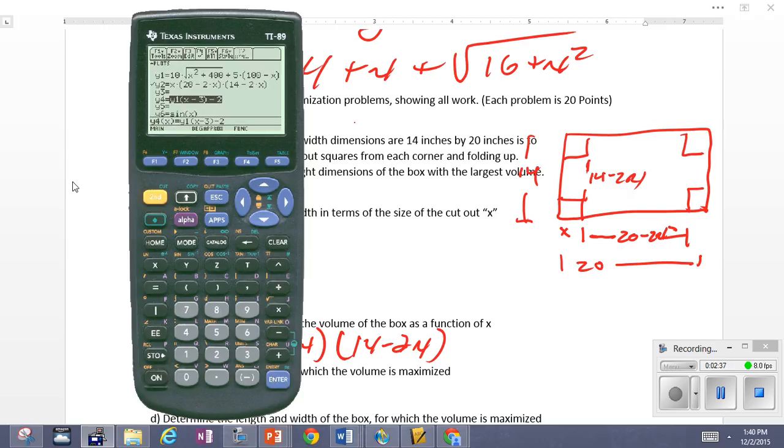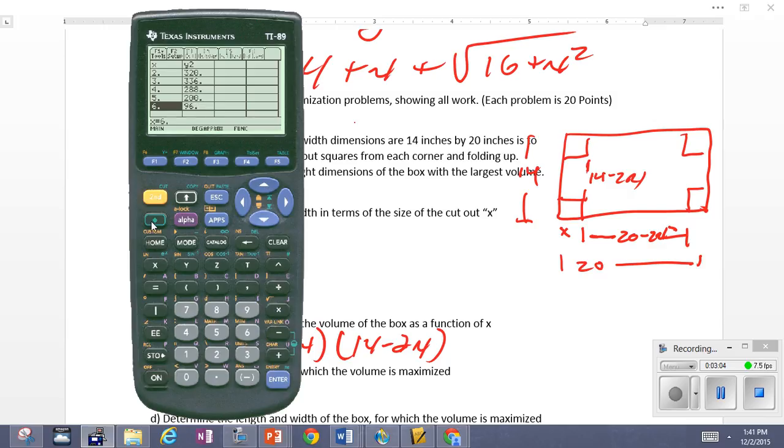We'll establish that, and then look at the table of values between 1 and 7. We see that this is peaking out at about the x value of 3, peaking out at about 336.